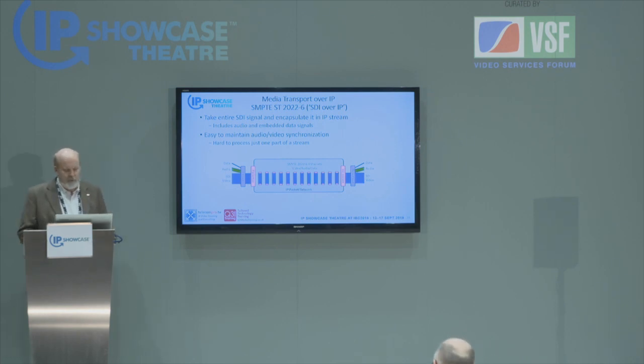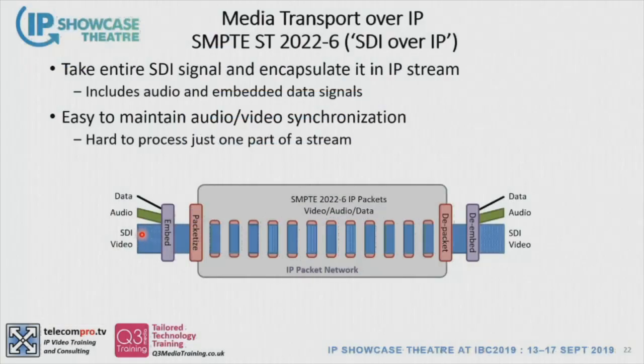So if you take a look at the diagram that we have here, on the input side we have data, we have audio, and we have our video. Those are all embedded together and combined into a single packet stream. So the signal goes in, we packetize it, it transits through our IP network as a series of packets, and each packet is going to have either video or audio or data or some combination thereof.